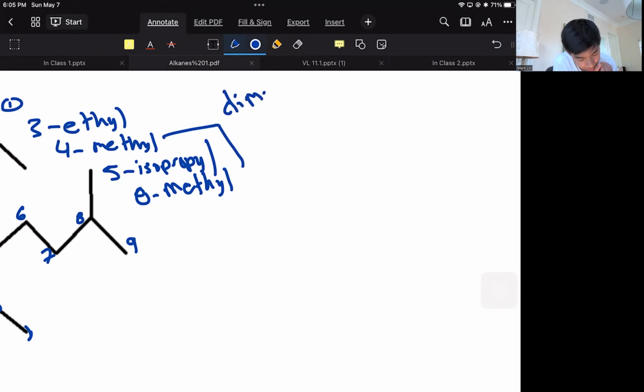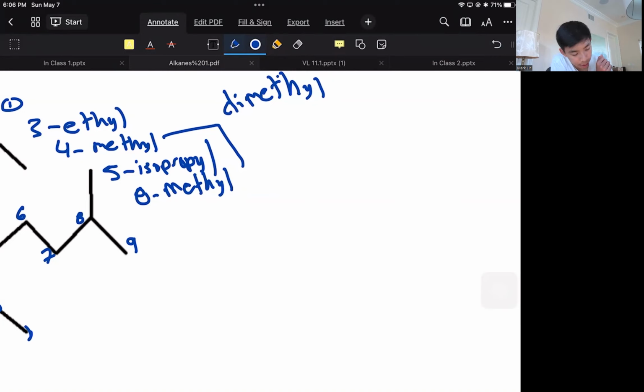And then isopropyl is A, B, C, D, that's going to be the last one. So ethyl first, then dimethyl, and then isopropyl.